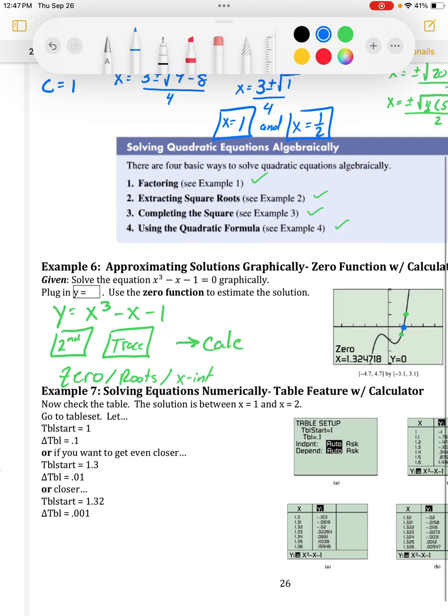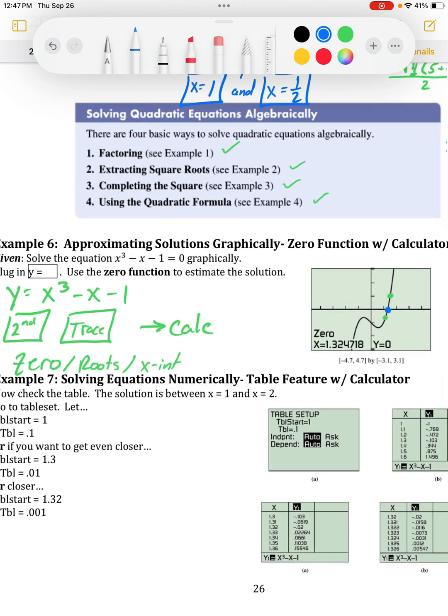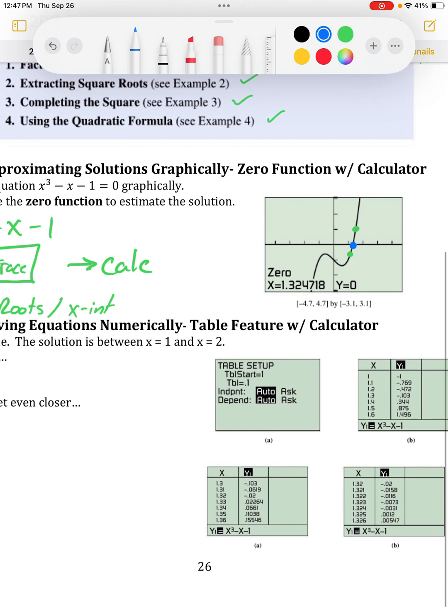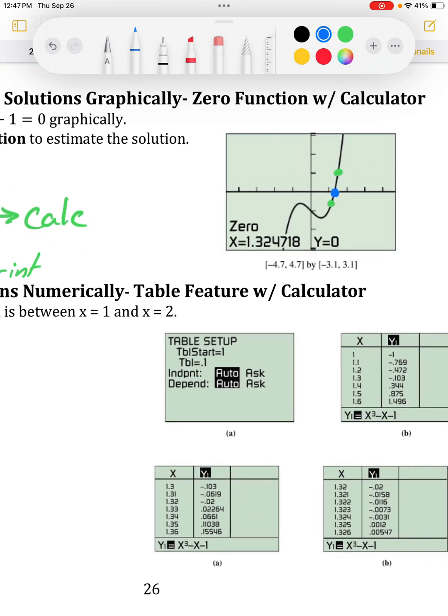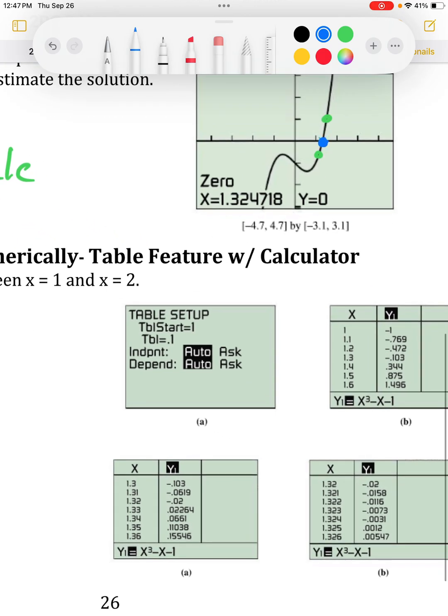Okay, we can also use the table feature at times. Sometimes it's helpful. If we use that table feature, here we're looking for where the y is 0. So we're looking for 0. A lot of times we're not going to get it.